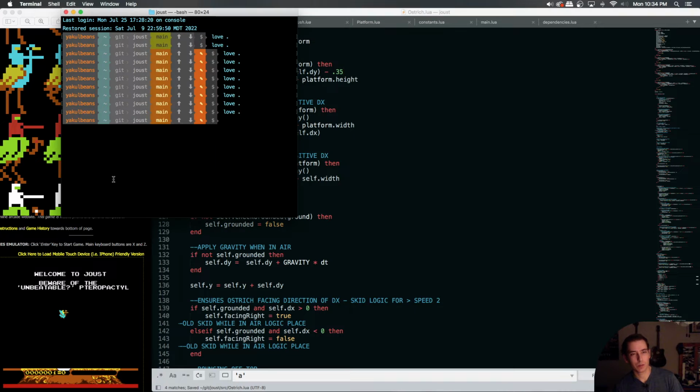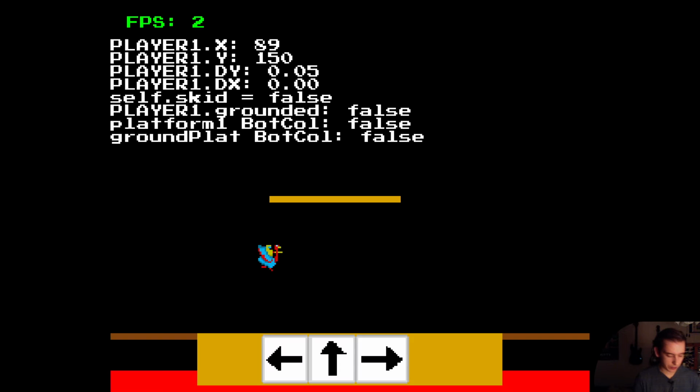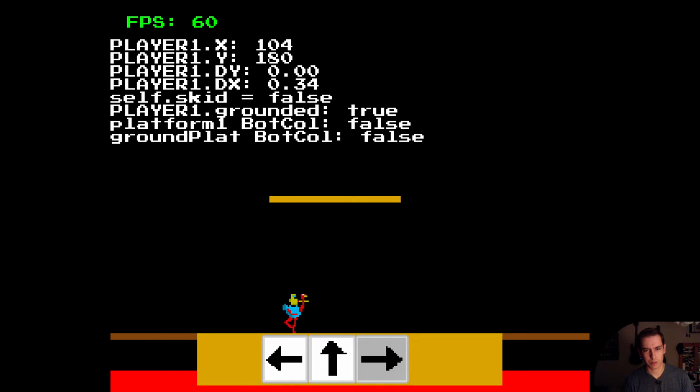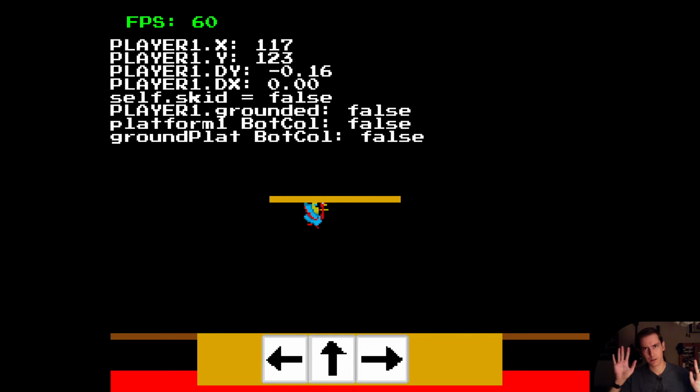I'm curious if it really is just at that 0.4 because that's what our jump dy is set to. What's weird is you have to be stopped. Huh. Whoa. It holds it for a while.